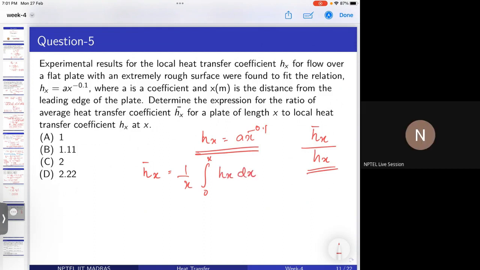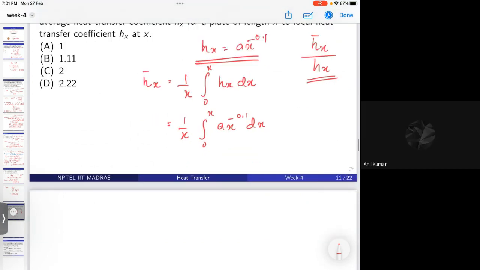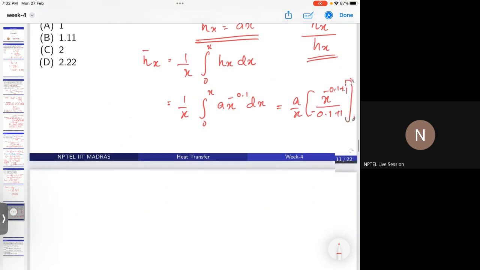What is the hx value? A into x raised to minus 0.1, dx. Am I right? Yes. So a is a constant, so I am taking it out of the integration. So x raised to minus 0.1 is integrated from 0 to x.